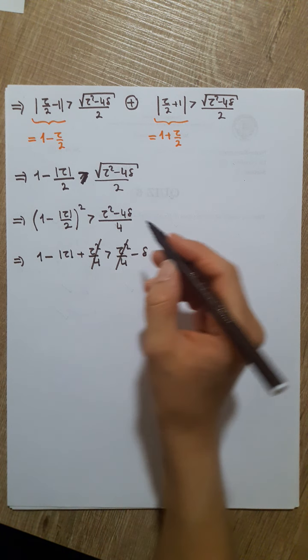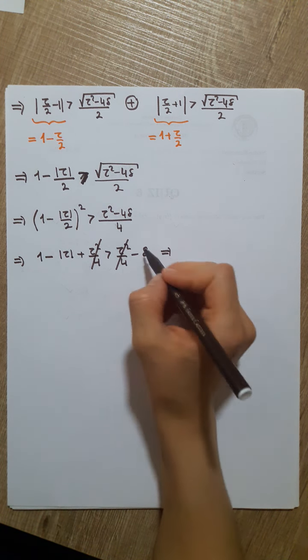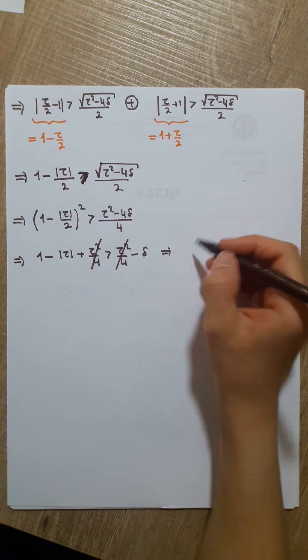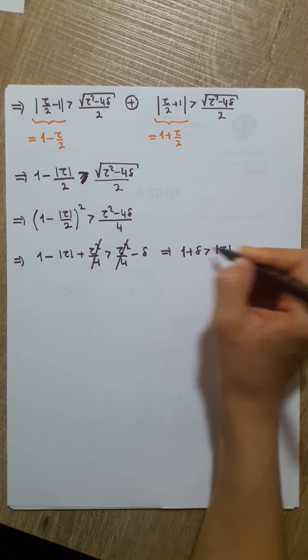I can cancel these, which means I just take this to this side and this to this side. 1 plus delta is greater than the absolute value of tau.